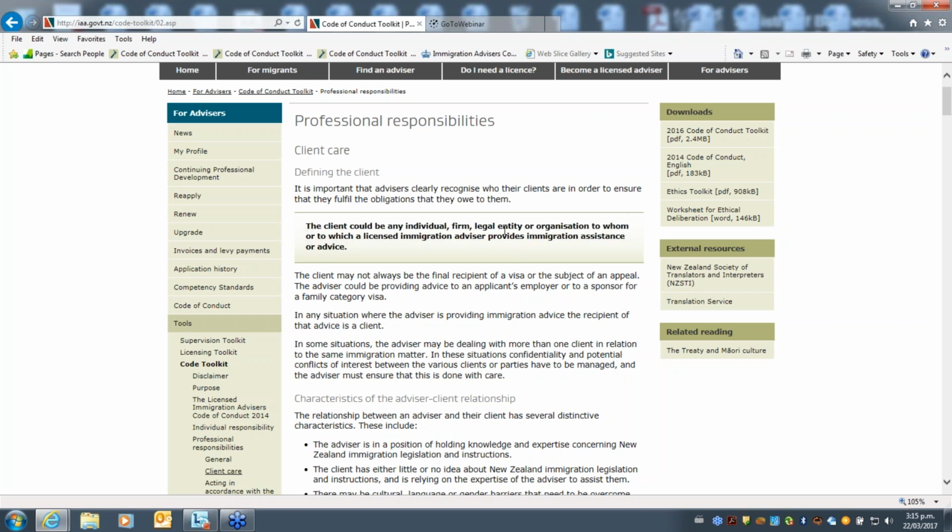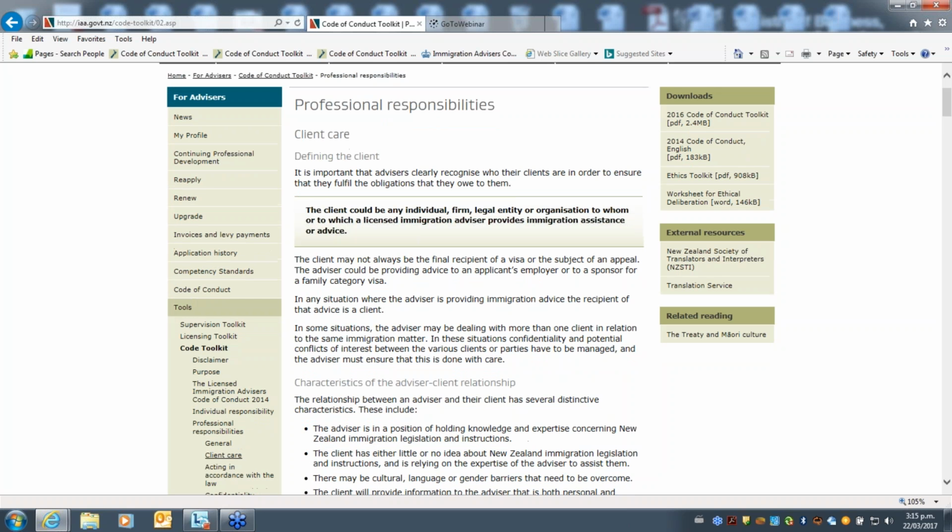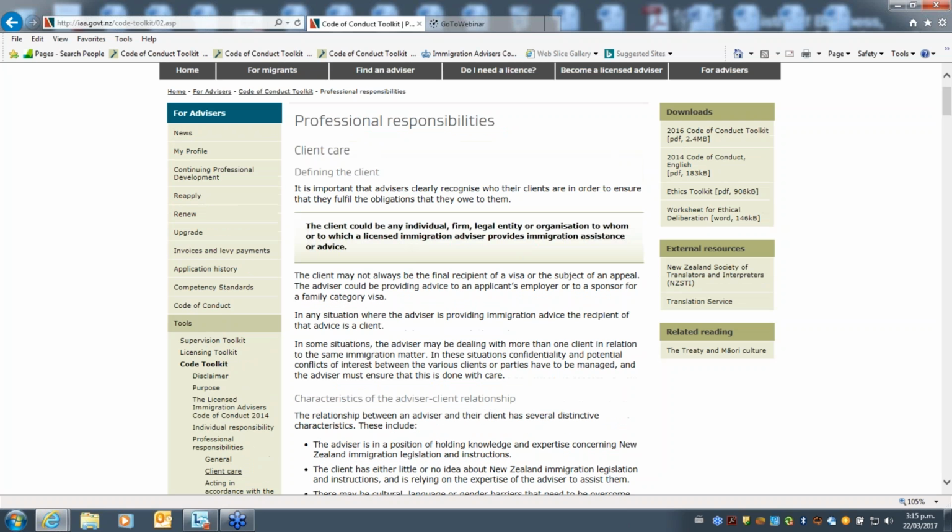The code doesn't do this, but we say that the client could be any individual, firm, legal entity or organisation who you are providing immigration advice or assistance to. So you need to be clear who your client is in any given situation, and then you may have more than one client in a given situation.